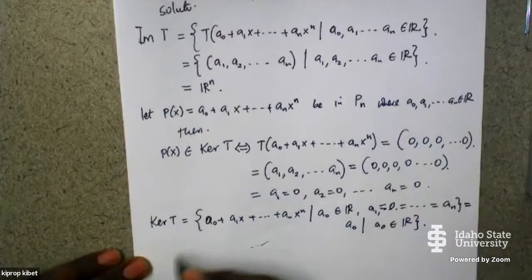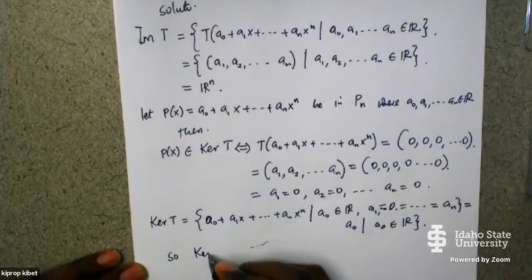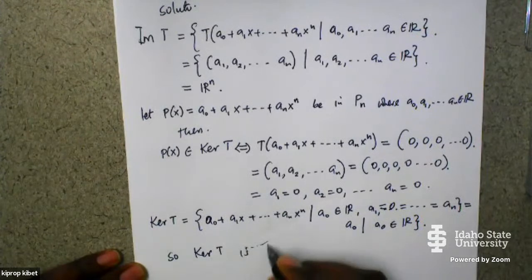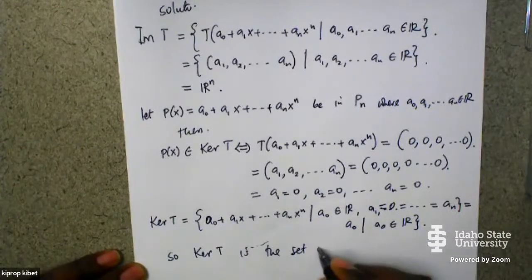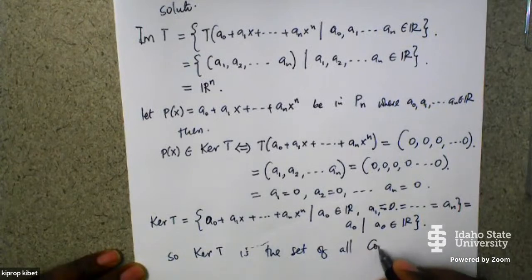So the kernel of T is the set of all constant polynomials.